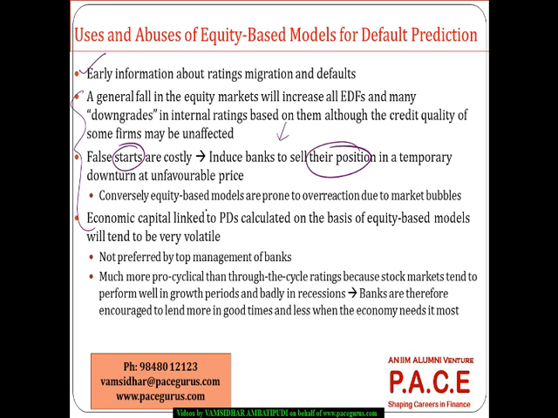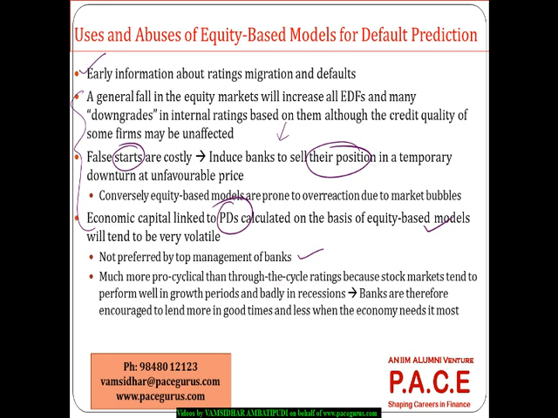And in reality, economic capital, when it is linked to probability of default, which is calculated based on the equity based models, will tend to be more and more volatile. And because of this reason, the top management of the bank does not want to use this kind of a model.